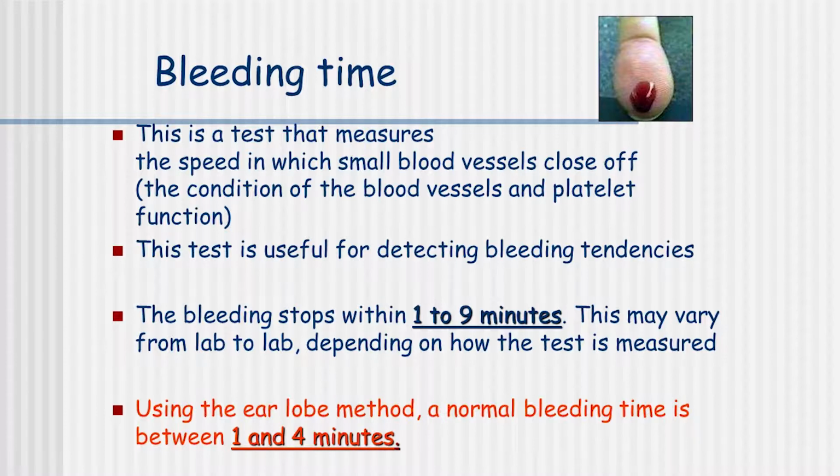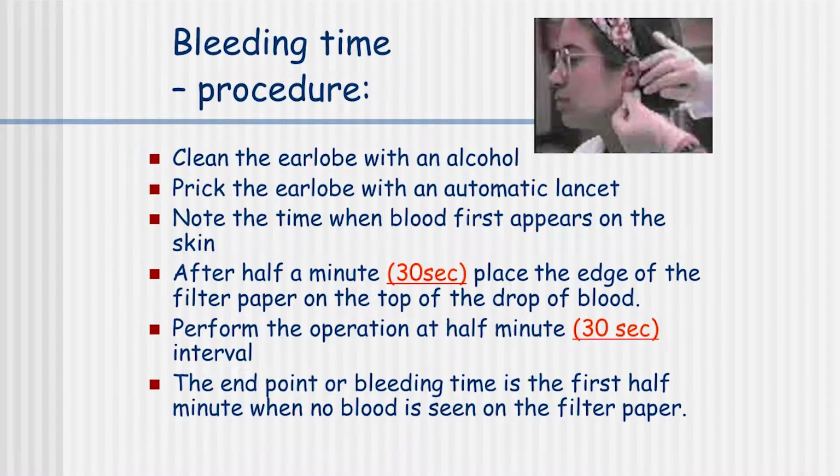This test is useful in detecting bleeding tendencies. The bleeding stops within 1 to 9 minutes. This may vary from lab to lab or how the test is measured. You can use the ear lobe to measure the time that it takes for the blood to clot. So that is what we just described for the bleeding time and the piercings of the ear lobe.